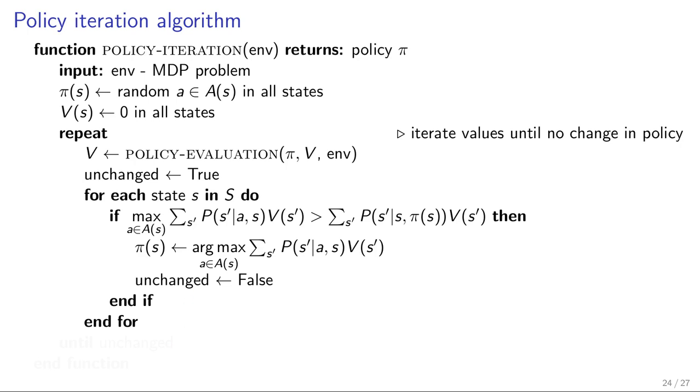And if any of them changes, you continue. But if none of them changes, you can stop. Imagine you were lucky and initially, or after a few runs, you had the arrows right. Then you just run the policy evaluation, and if the arrows don't change anymore, you can stop.